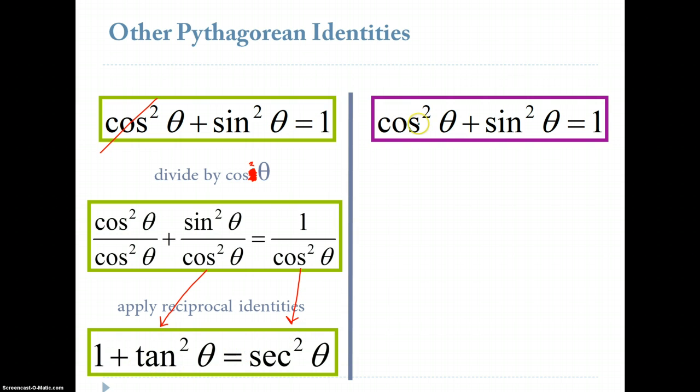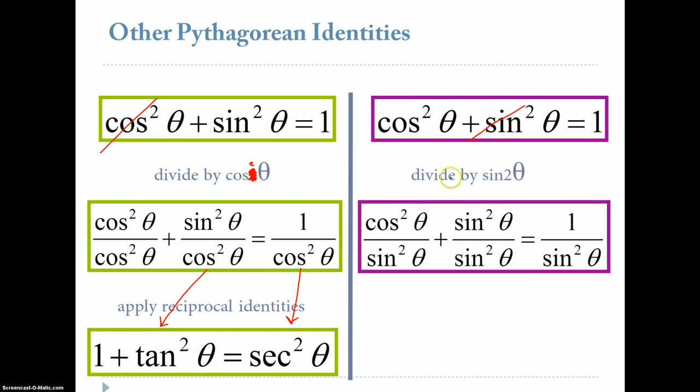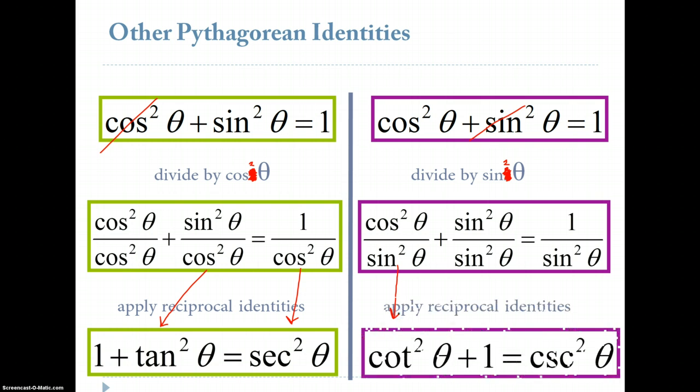Now if I come over here and this time instead of dividing by cosine squared theta, I aim to eliminate this term, I'll end up dividing both sides by sine squared theta. This turns into 1. Cosine squared theta over sine squared theta, I'm going to use a quotient identity here, and I'm going to get cotangent squared theta. Sine squared theta over sine squared theta, of course, just gives me 1.